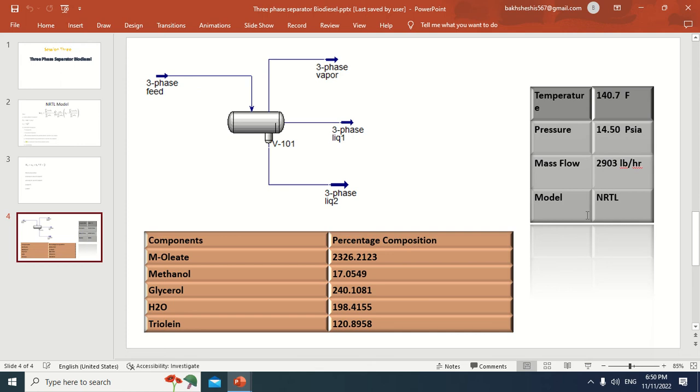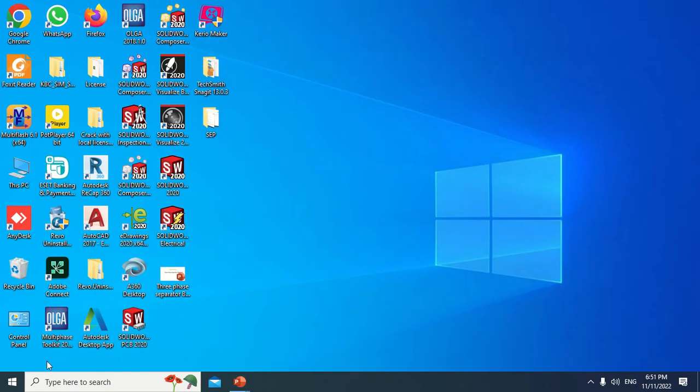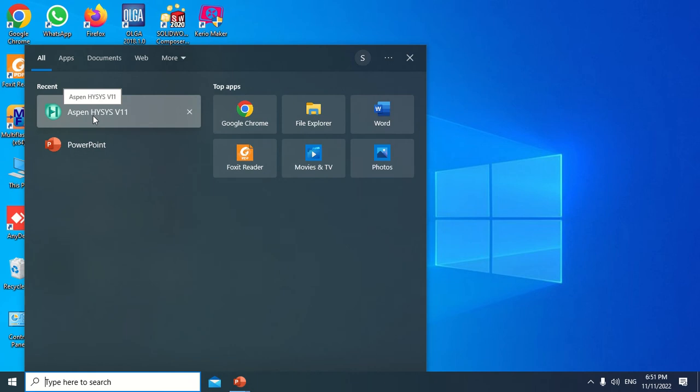These are the components and these are the percentage components for this simulation. And now I'm going to open ASPEN HYSYS. Click on it.